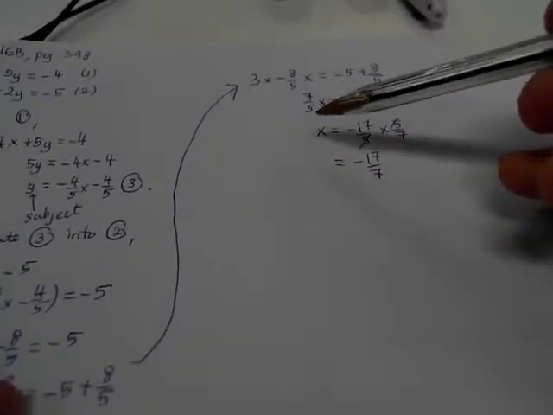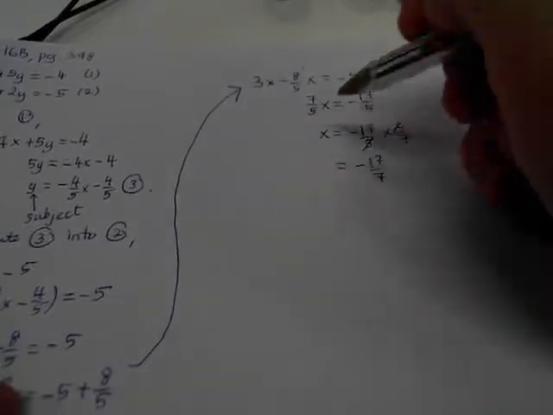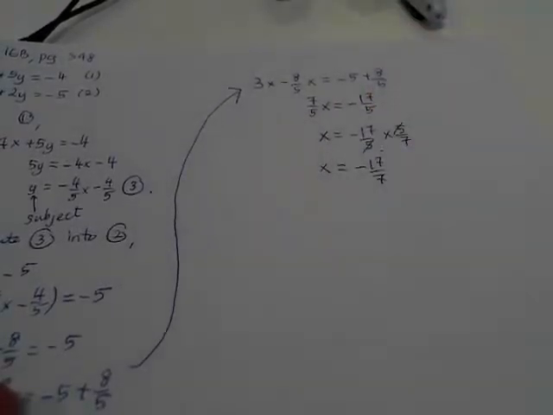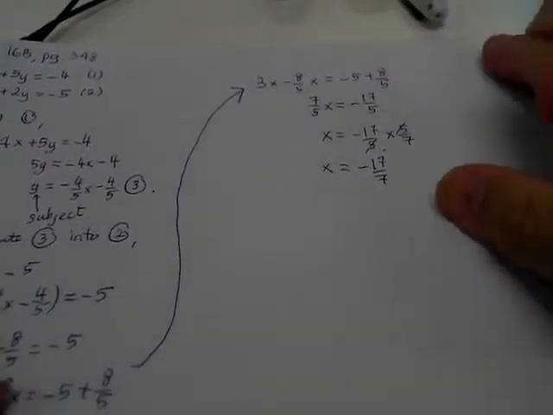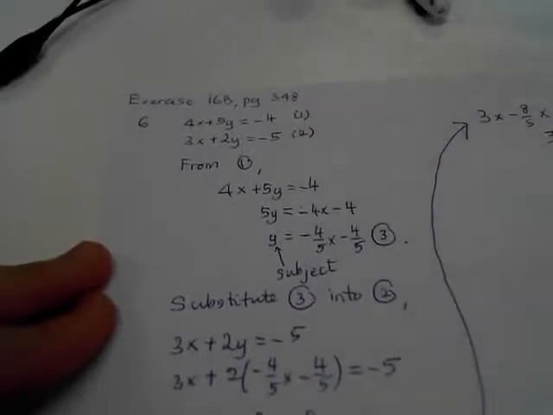Having said that, because we have known that x is minus 17 out of 7, a negative number, all we need to do is to substitute that x into which equation. So let me bring over this here for a while. You have equations 1, 2 and also 3. Which is the best to get the y value straight out? Equation 3.